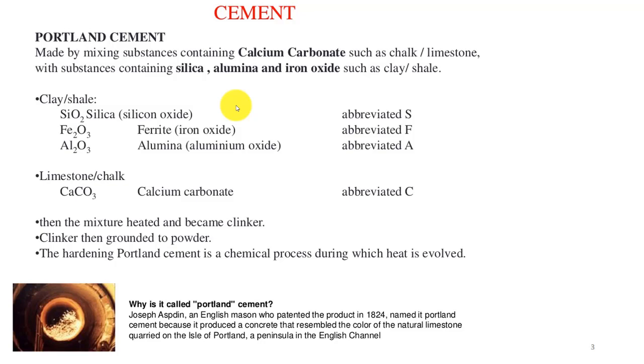It takes around 1450 degrees Celsius to form the clinker. So in cement production, there is a lot of fossil fuel consumption and energy required, which involves an enormous amount of carbon footprint and causes global warming.